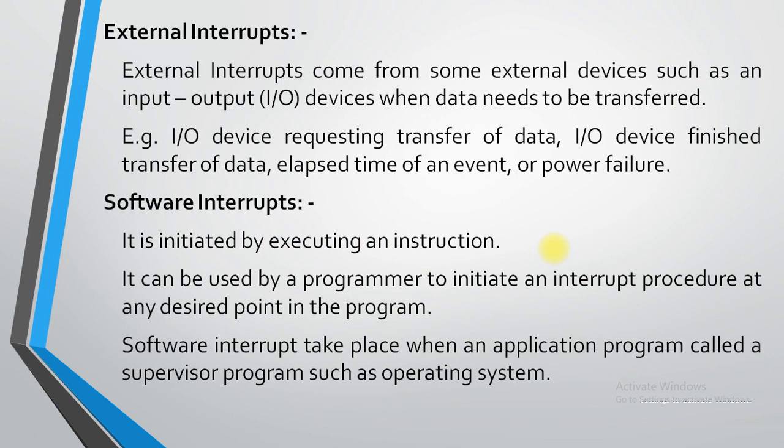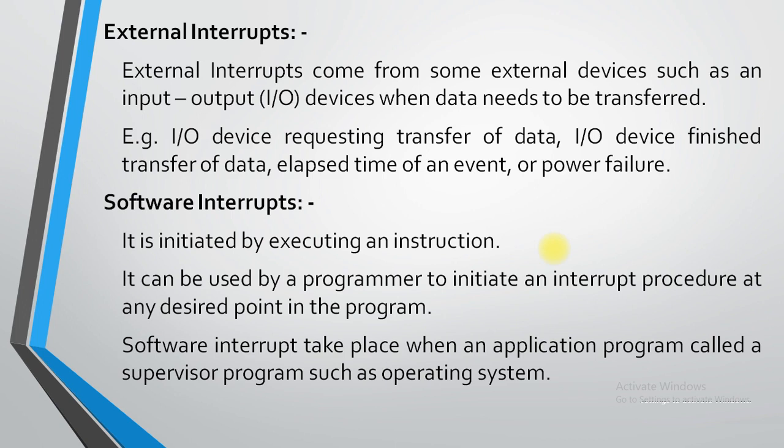An external interrupt is generated when you deal with an input-output device and you are trying to transfer data. The IO device requesting transfer of data, the IO device finishing transfer of data, elapsed time of an event, and power failure are all examples of external interrupt.